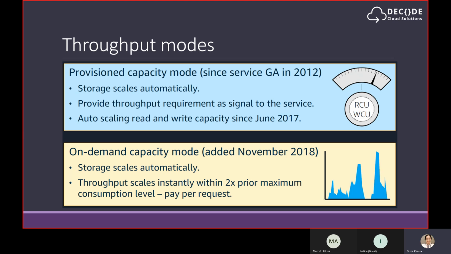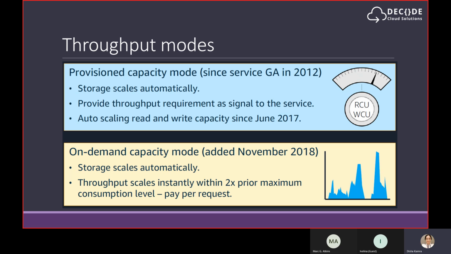And AWS also allows you to initially describe or provision the throughput that you want, read units or write units. And they are basically like two dials. You can change that to whatever you want it to be, and the DynamoDB service will scale out your table's partitions in the backend to support that level of throughput.